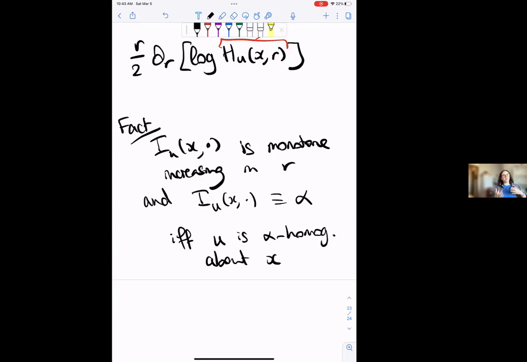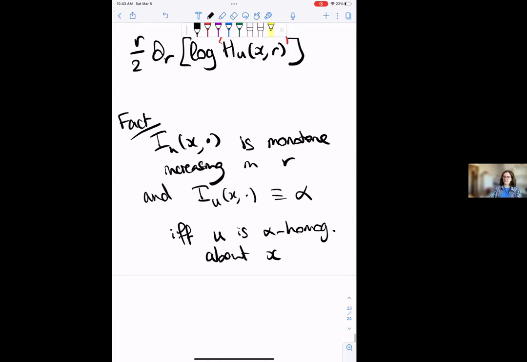So at the level of these graphs, it works in the same way as monotonicity of mass ratios, which tells you that these things are constant if and only if you have a cone. Whereas here, this frequency also has monotonicity, and it's constant if and only if you have a cone, which is an alpha homogeneous guy in this case.